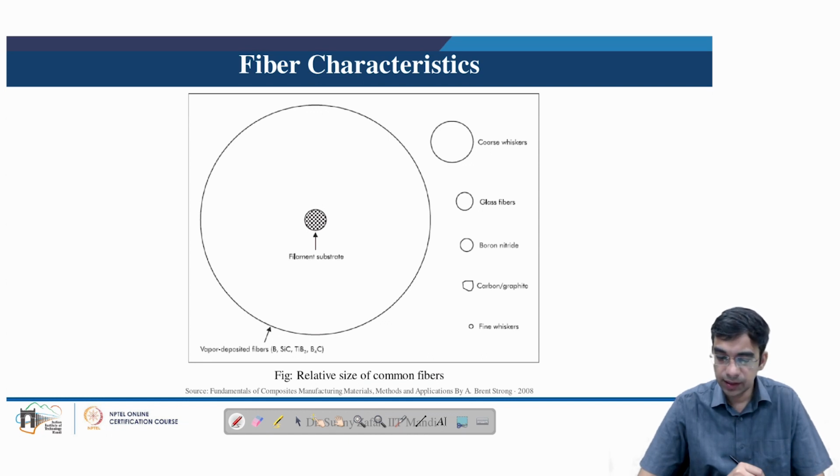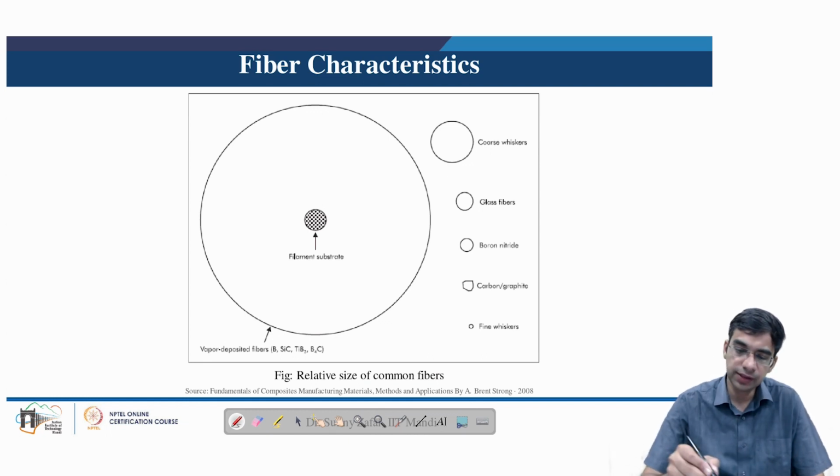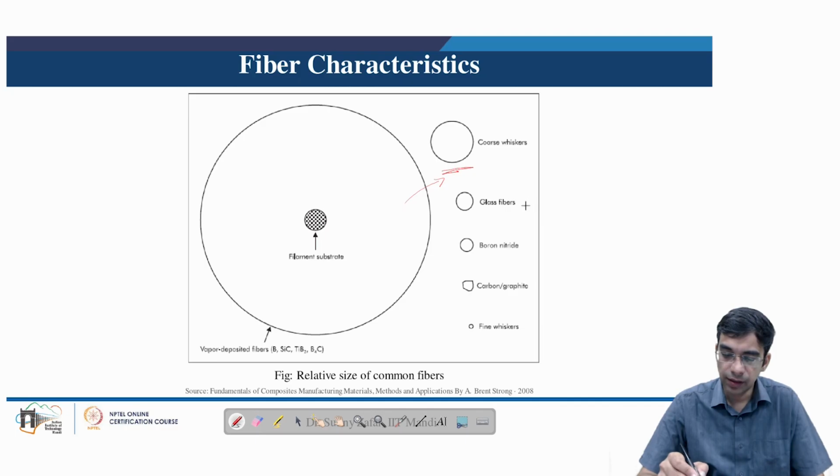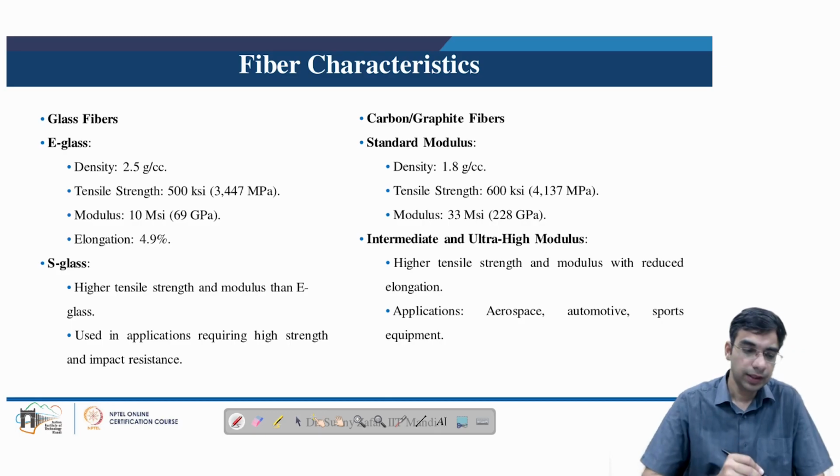We can see the size of coarse whiskers is relatively smaller than the vapor deposited fibers, and then our conventional reinforcements like glass fibers, boron nitride, carbon fibers, and fine whiskers have even smaller diameters. If we see the various fiber characteristics, especially those used in the wind turbine blade, these include the glass fibers.